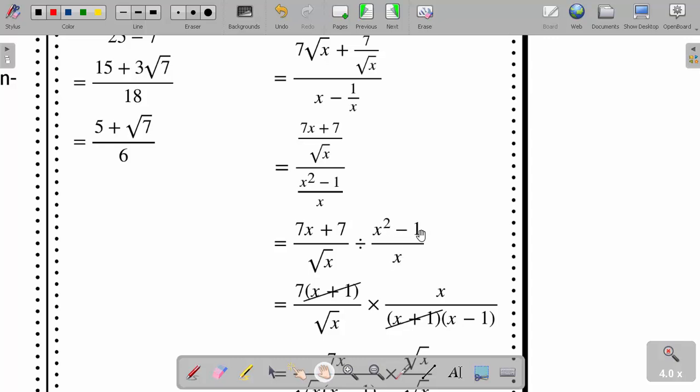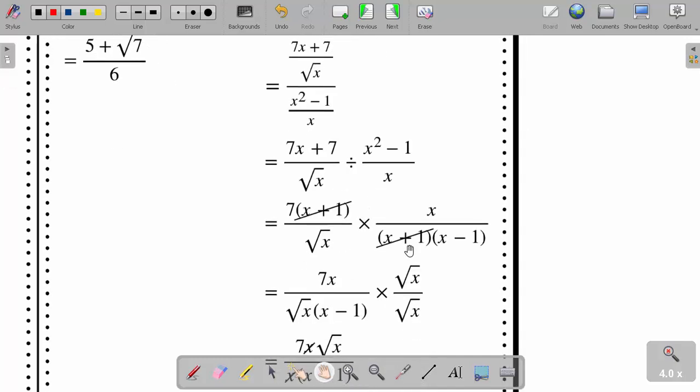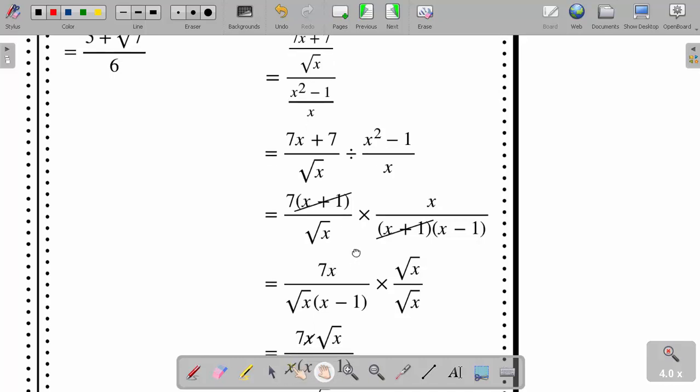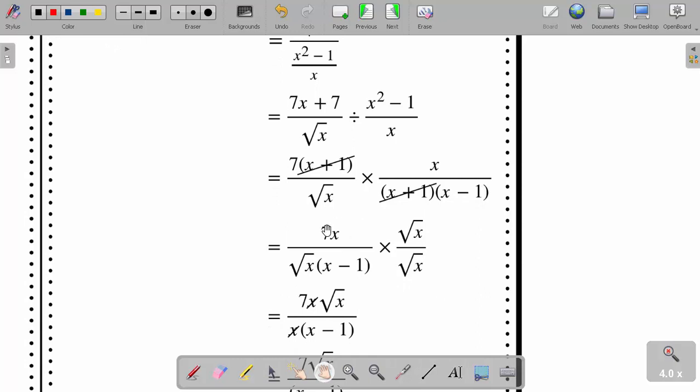So upon simplification here, because it was division, to change it to multiplication, I of course multiply by the reciprocal. Another difference of two squares here is going to be x plus 1 into x minus 1. And then I can cancel this one here with this now. So left with x times 7, which is 7x. Now this one here is root x here.